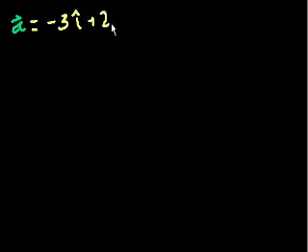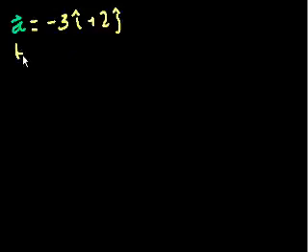Welcome back. In the last video, at the end, like I always do in an attempt to confuse you, I told you that if I had two vectors, and let me just make up some new ones so I can draw them visually in a second or two. Let's call the first vector A, and let's say it's minus 3 times the unit vector i plus 2 times the unit vector j.